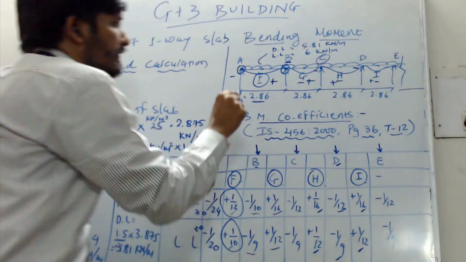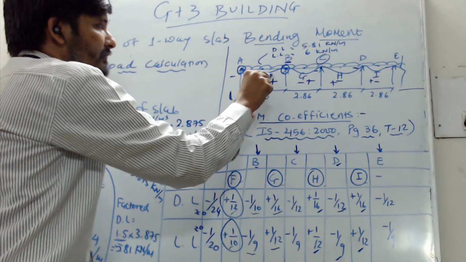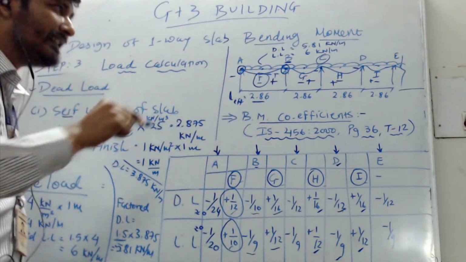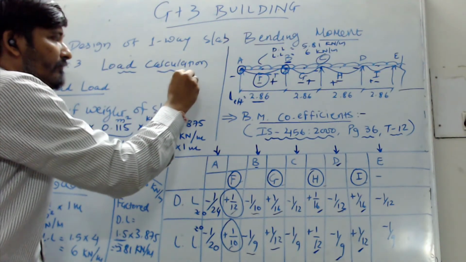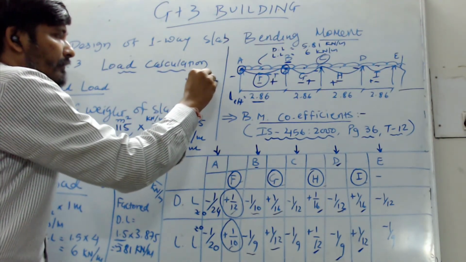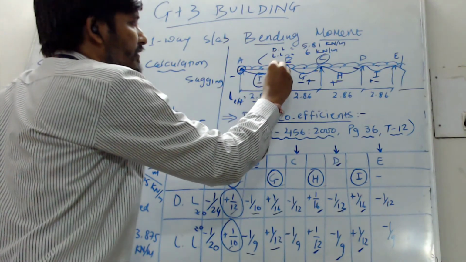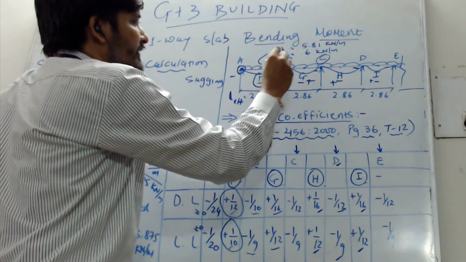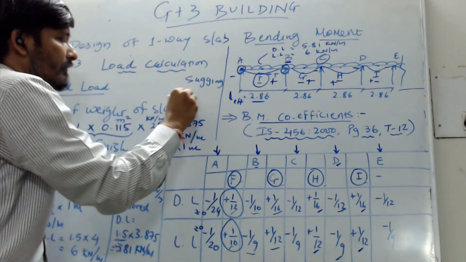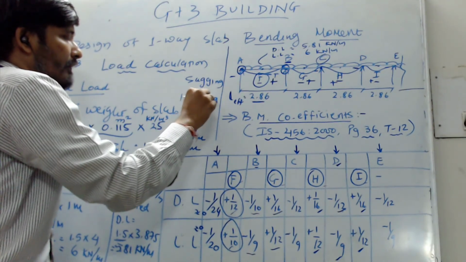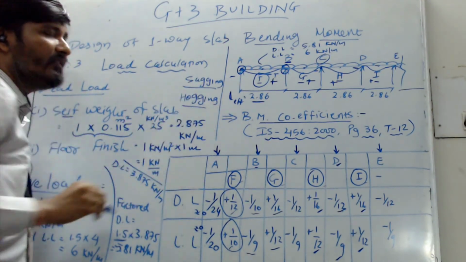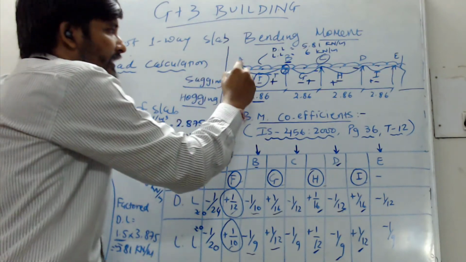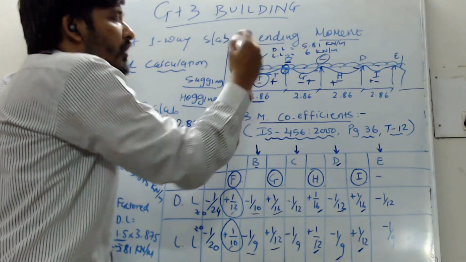There is tension at the bottom, or you can say sagging bending moment. And here at the support, there is tension at top, or say hogging bending moment. Generally we take sagging bending moment as positive and hogging bending moment as negative.